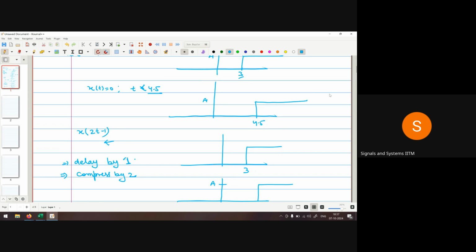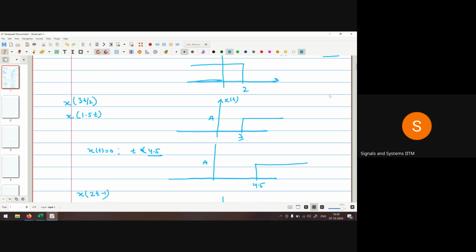Sorry, the signal is compressed, not expanded. So it will start from 2, not multiplied, because we are compressing the signal, not expanding.